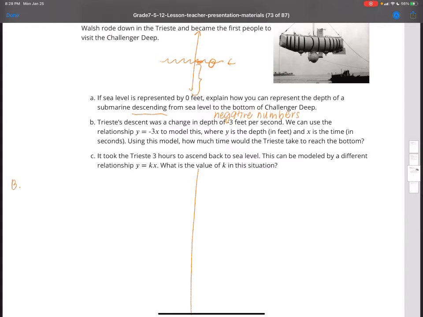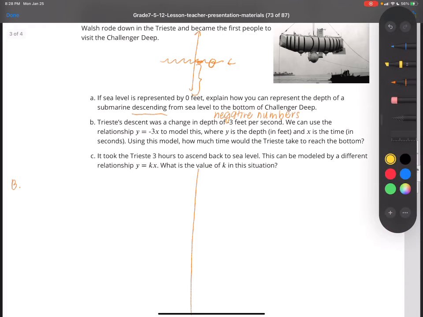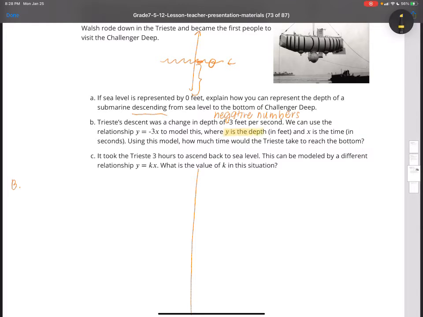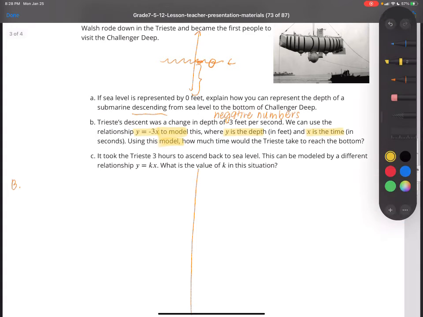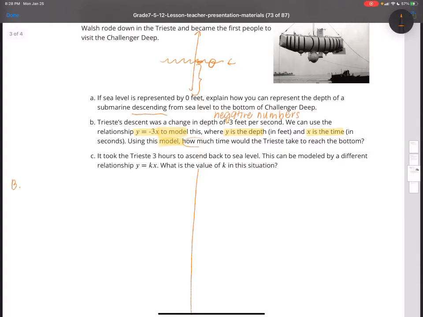Okay, let's highlight some things that are important for us to remember. y is representing the depth, x is representing the time, and they want us to use the model y equals -3x to find out how much time it would take the Trieste to reach the bottom. So I'm going to set up my equation.